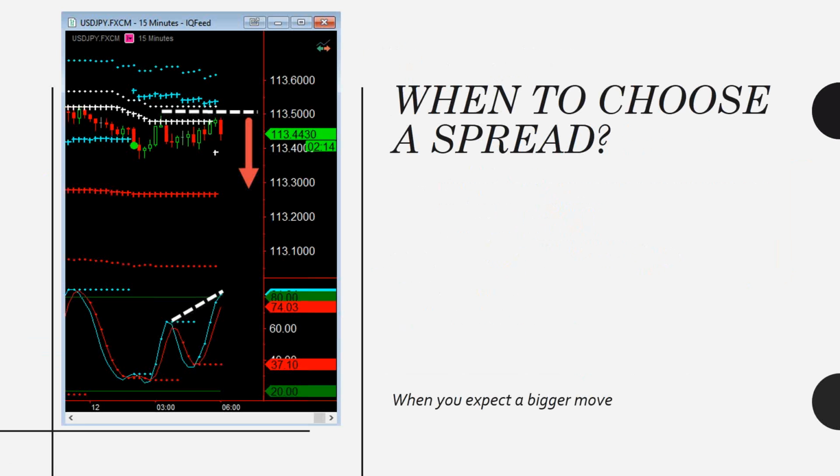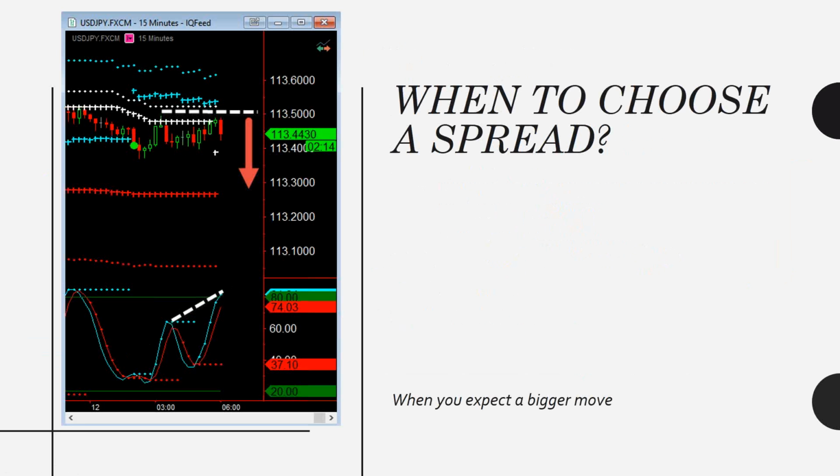Here's an example. All right, it's the USDJPY 15-minute chart. Now you can see using the stochastics, there's hidden divergence because price is making lower highs, but the stochastics is making higher highs. That is the very definition of hidden divergence.